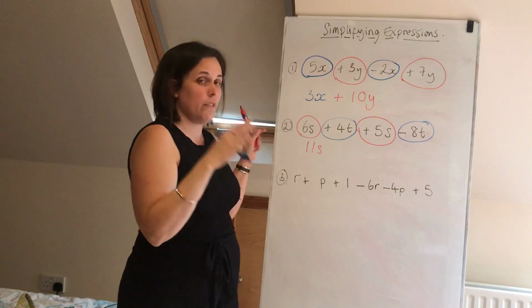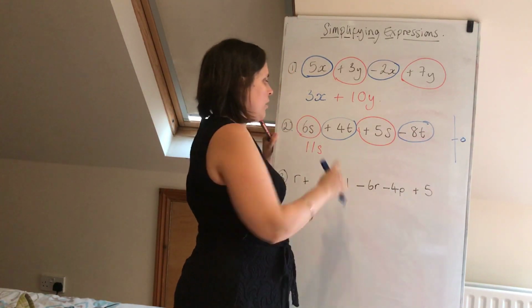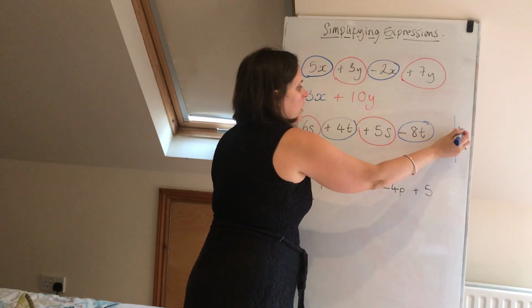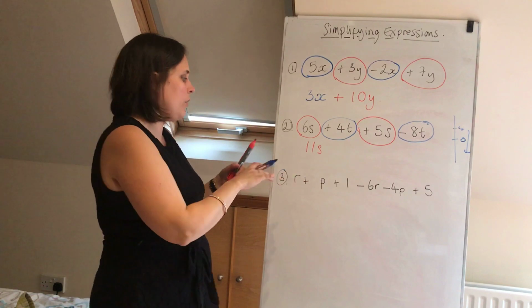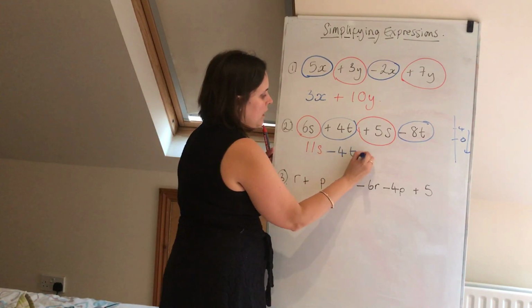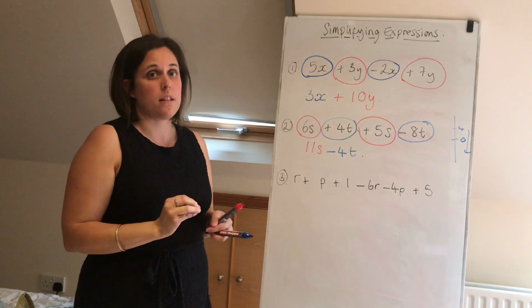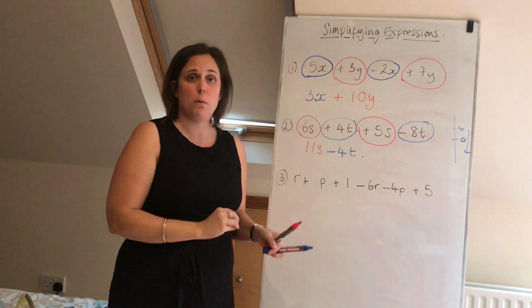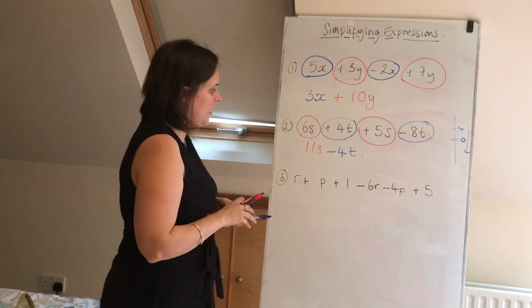Now be careful, and if you need that number line, just use it. So there's 0, I'm at 4, I'm going to take away 8, and if I take away 8, I go below 0, so I actually end up with negative 4t. And that is my answer. And you just write down what you get, okay? So if your answer's positive, you put a plus. If your answer's negative, you put a minus, and that is it, okay?